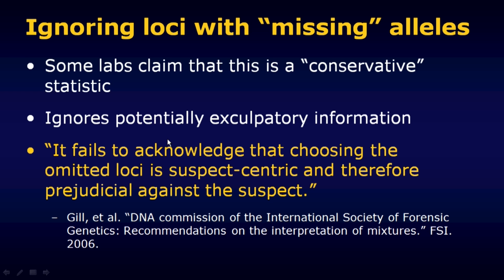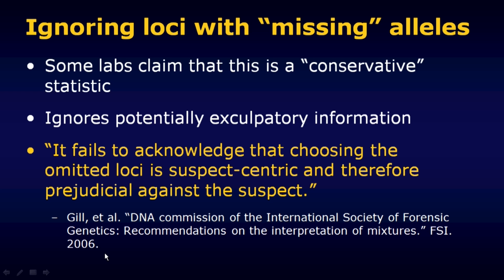All right? I tell you what, I'm not the only one who thinks this way, that there are problems with this type of approach, which is disturbingly commonly encountered in crime laboratories within the United States. I'm not alone in thinking that. The International Society on Forensic Genetics has written a paper that espouses essentially the same concerns that I've been trying to draw your attention to here.